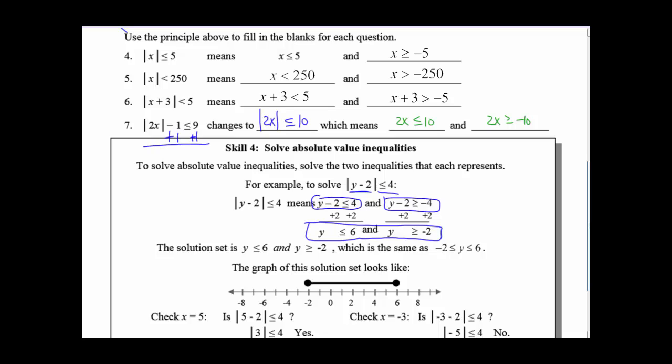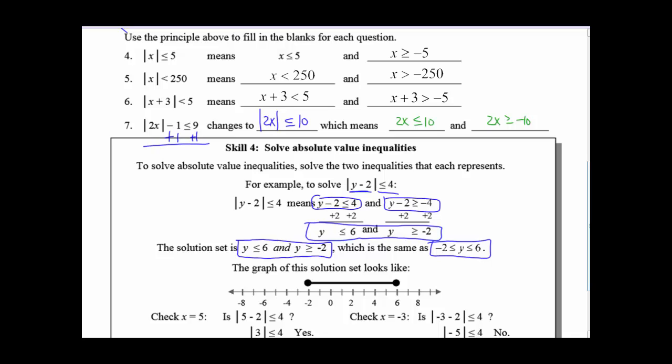Now what we have to do is graph this solution set. Okay? And there are two ways to write this. We have y is less than or equal to 6 and y is greater than or equal to negative 2. Or we know that we are greater than the negative but less than the positive part. So we can say that all the y's in between negative 2 and 6 inclusive.